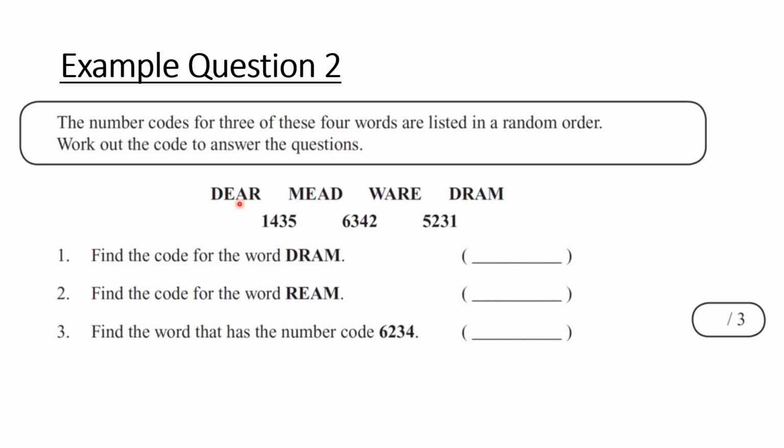There's no E over there in der, and neither in where. So it has to be the other way around. So it has to be R. And there is an R in where, so it has to be that. So that means dram is 1435. So I'll write that down.